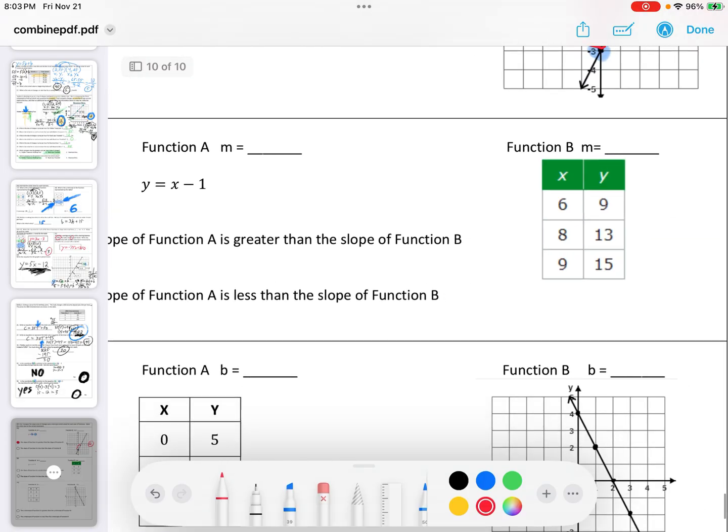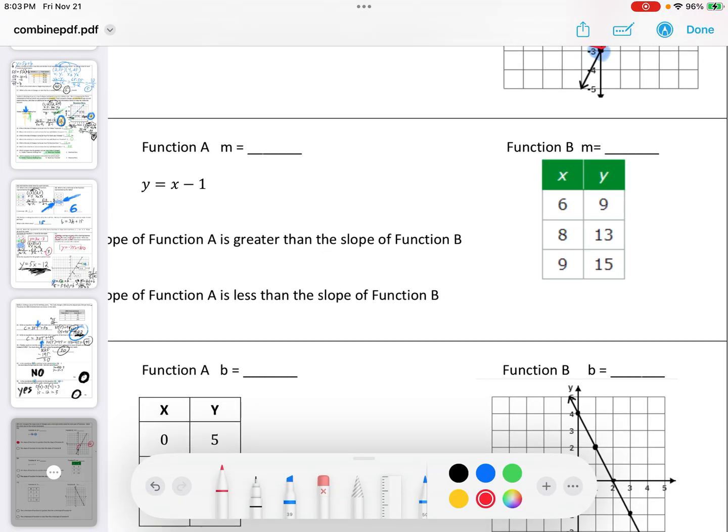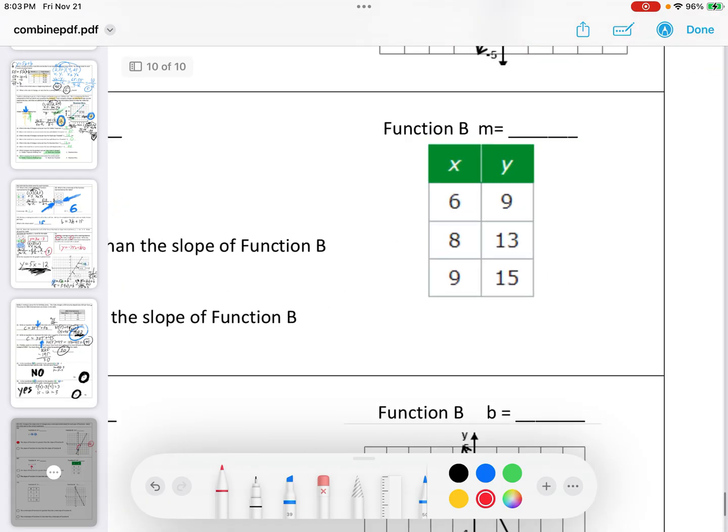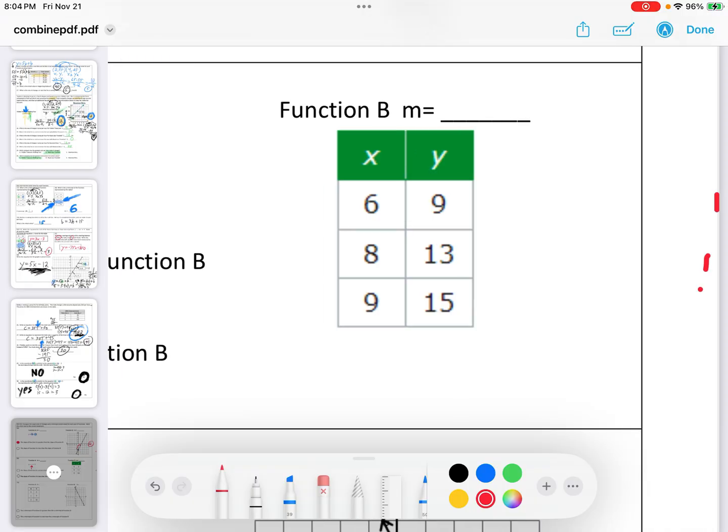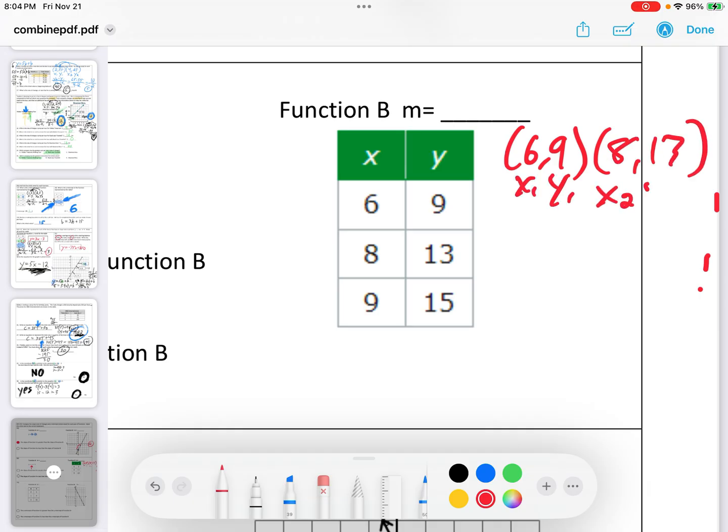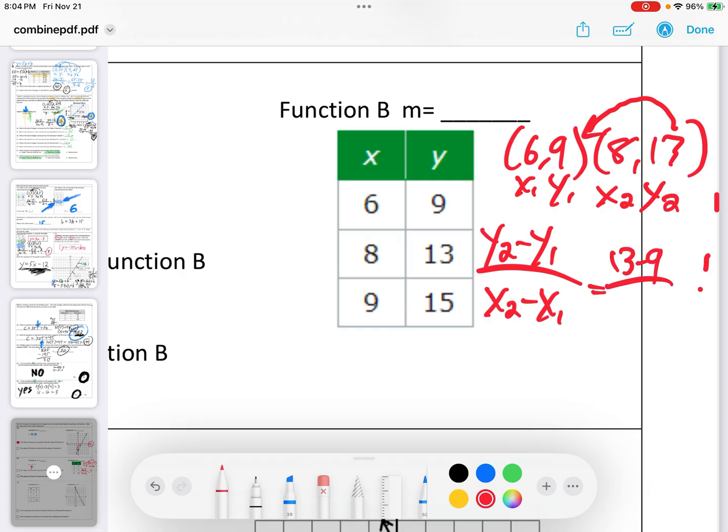Okay, now we're comparing the slopes here. The slope of this one is 1. 1 times x. The slope of this one, we're going to need to find out. 13 minus 9. 8 minus 6. 4 over 2. 2.